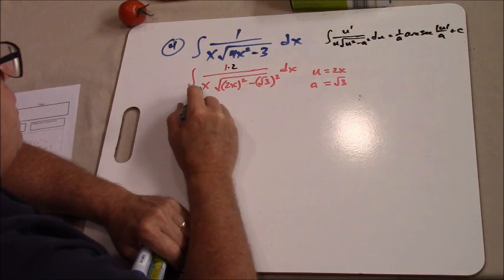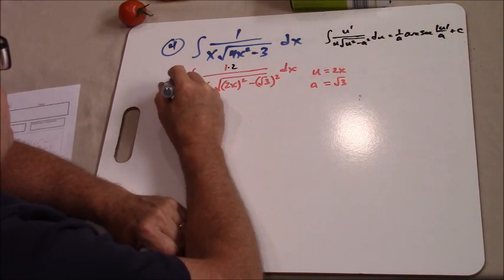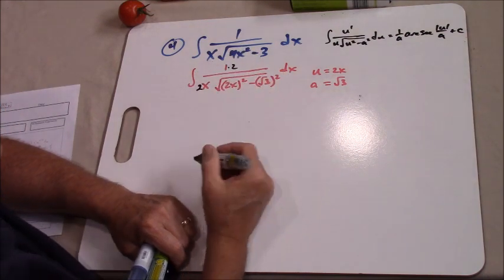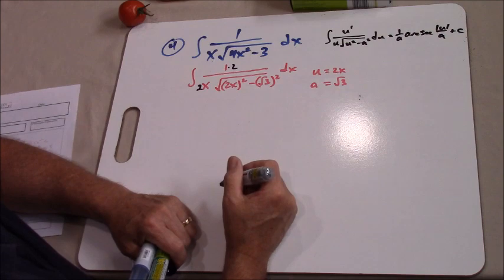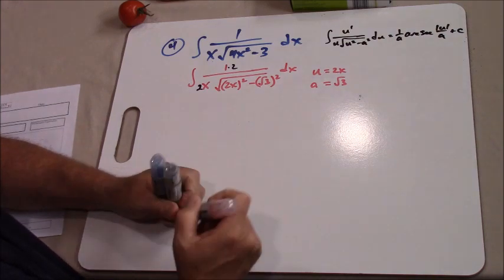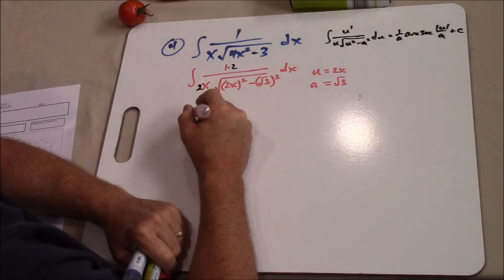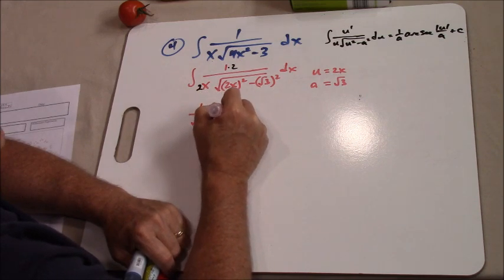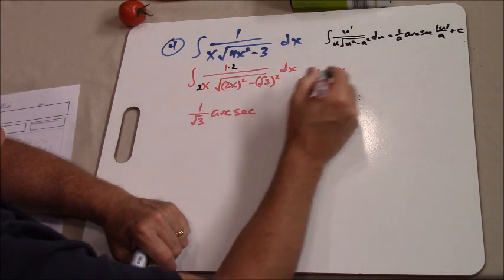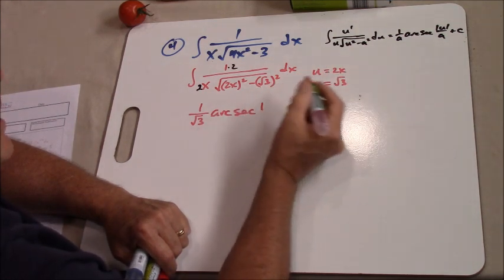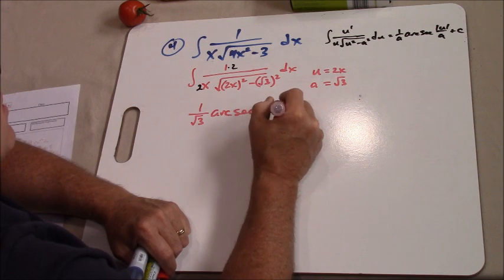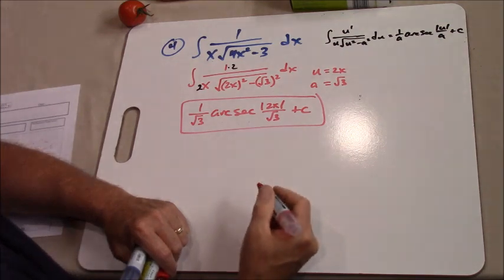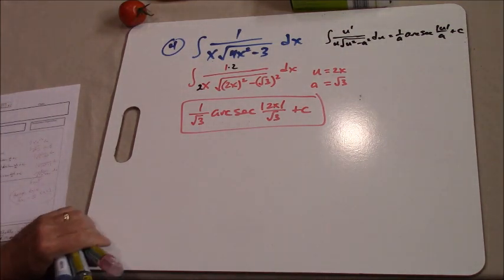I also need to see my u value here, so instead of putting that 1/2 on the outside, I'll just put a 2 there. 2 divided by 2 is 1, they cancel and still have the same thing. Now my answer is going to be 1 over a, so 1 over the square root of 3, arc secant of absolute value of u over a, plus c. There's my answer.